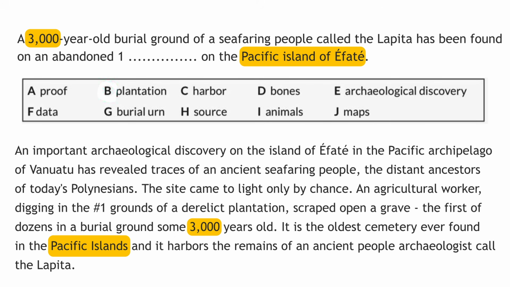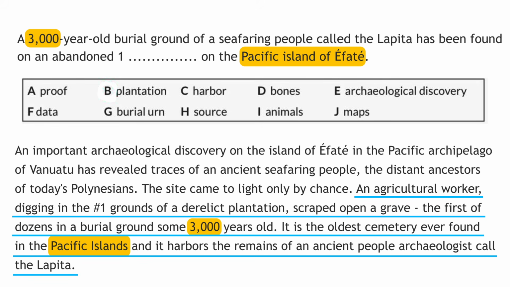We read only that sentence. If we don't find the answer, we can read the sentence before or after that, all right? An agricultural worker digging in the grounds of a derelict plantation scraped open a grave, the first of dozens in a burial ground, some 3,000 years old.